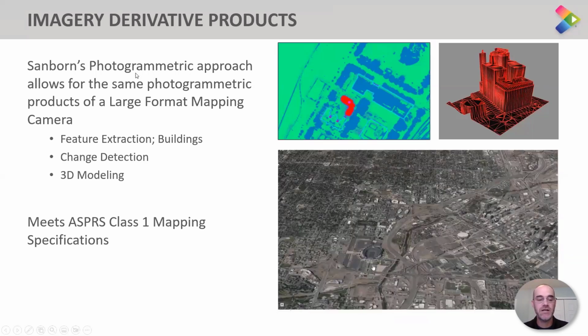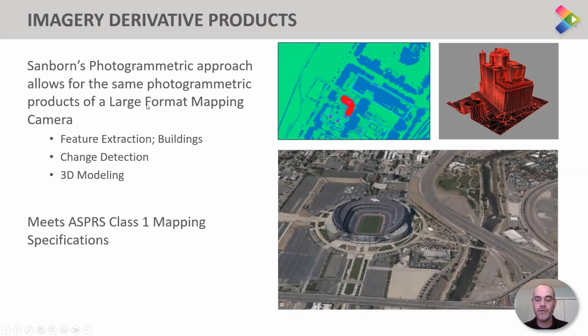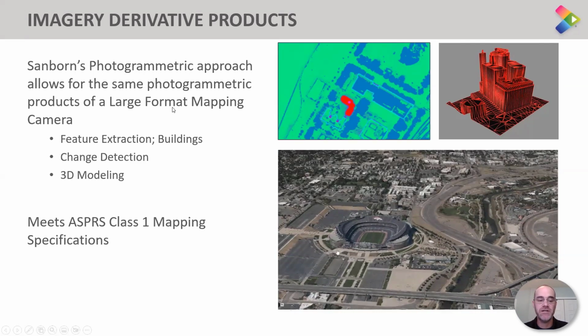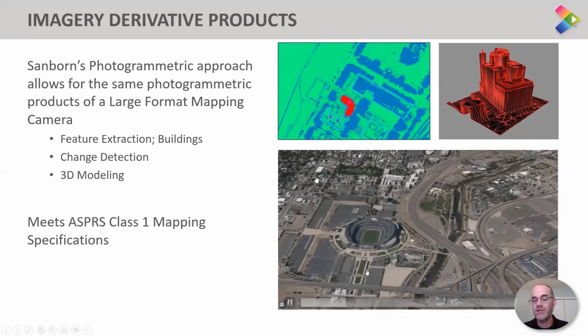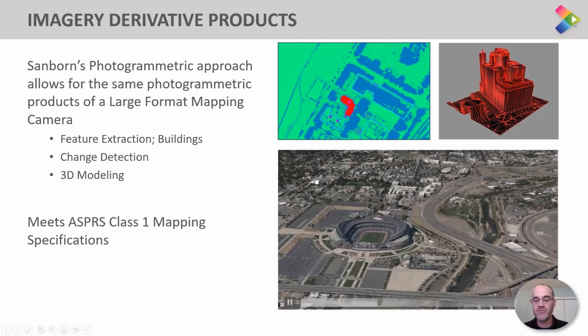Typically, for most products, this would not require changes to our flight plan. Jason, you can chime in if you think there are differences there. But this would typically be something that post-acquisition or even post-ortho production could be derived after the fact.